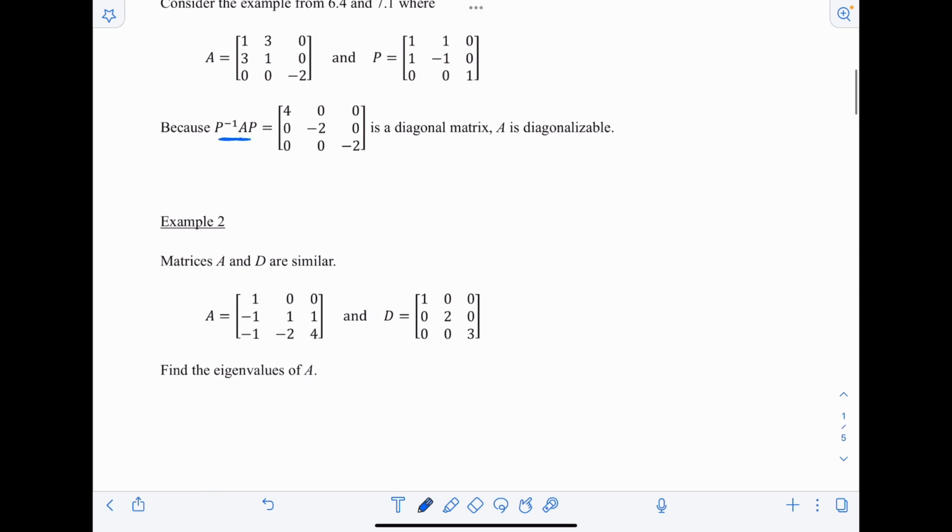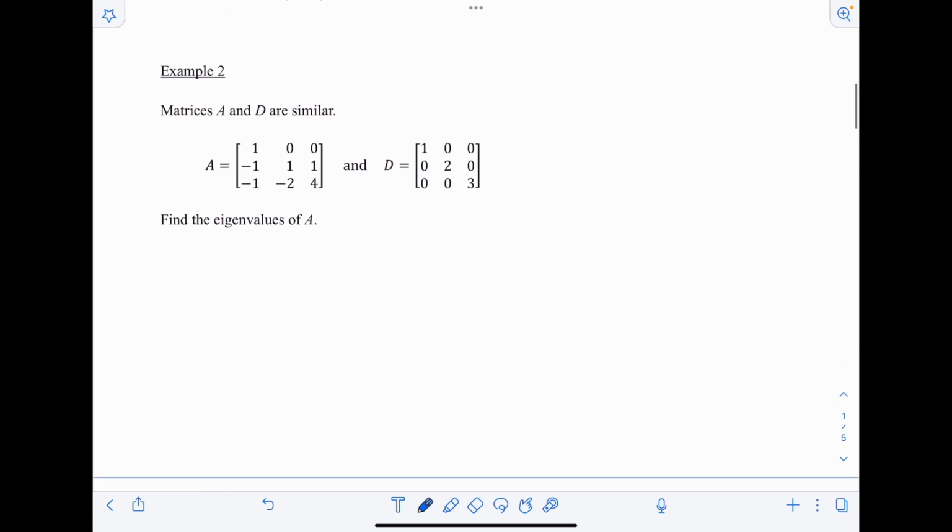So in our next example, we have two similar matrices, A and D, and we are to find the eigenvalues of A. Now, obviously, we could directly find the eigenvalues of A using the process of the determinant of lambda I minus A and all of that. But in this case, because we know A and D are similar, and D is a diagonal matrix, we know that the eigenvalues for D are, let me just write this down. D is a diagonal matrix, right?